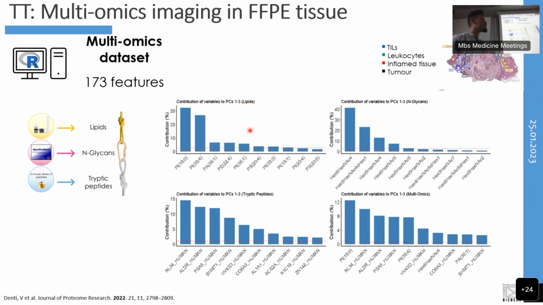And again, to further highlight the advantage of this multiomics approach, here we have the loadings plot of the top 10 most contributing features from the single omics data sets and then the multiomics data set. So when we look at the multiomics data set, we have a phosphatidylinositol, then we have a protein, then another protein, and then we also have some HexNAc structures, so N-glycan structures here. So they were all contributing. There wasn't one molecule that outperformed the others. They all were contributing to the separation.